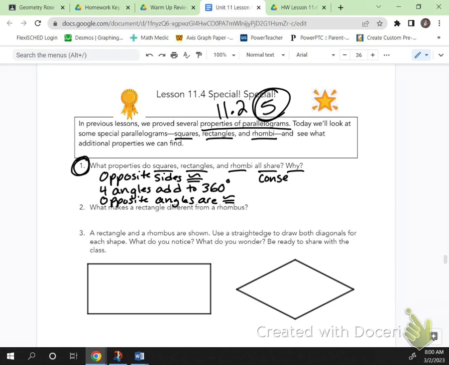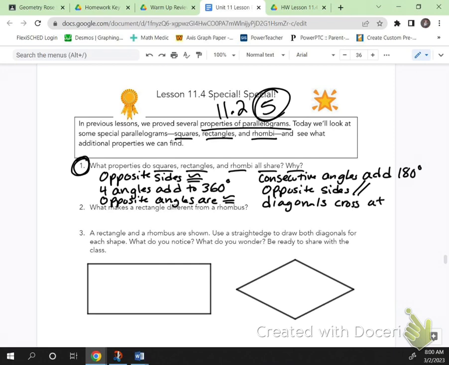Consecutive angles add to 180. Opposite sides are parallel. Diagonals cross at the midpoint. These are all the things that a square, a rectangle, and a rhombus have in common.